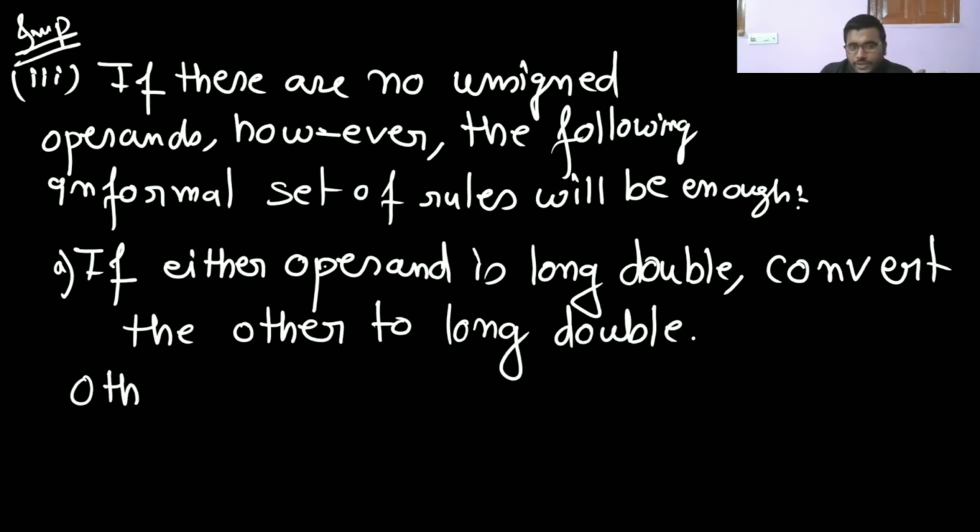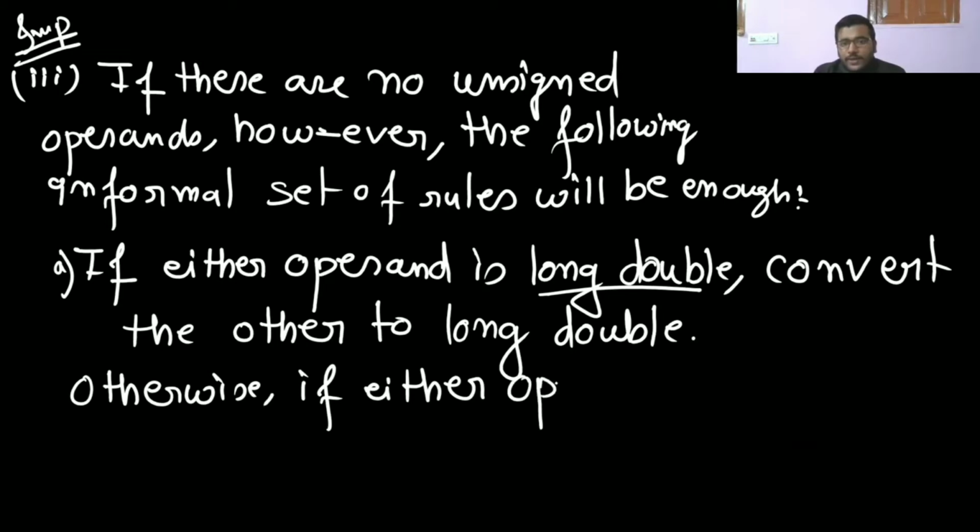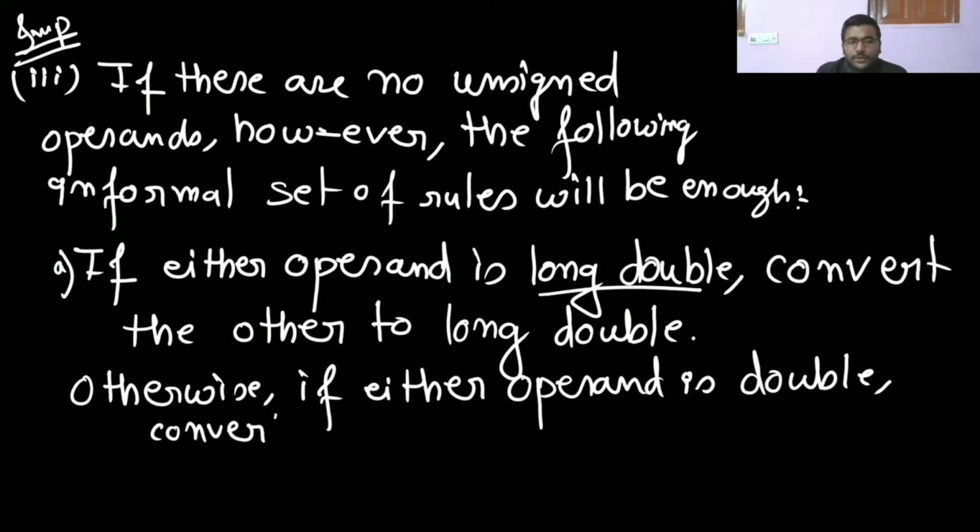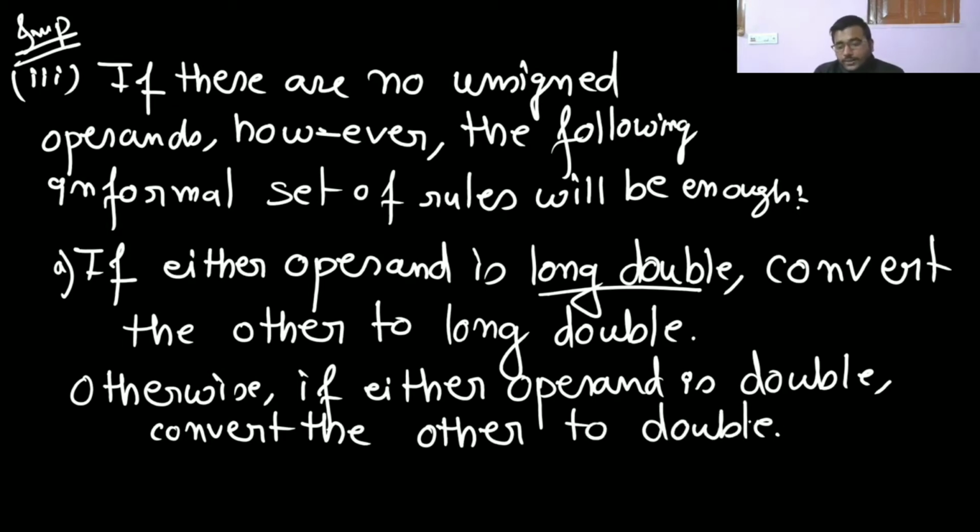First you check if it has a long double, then convert to long double. Otherwise, if it is not long double and either operand is double, convert the other to double.